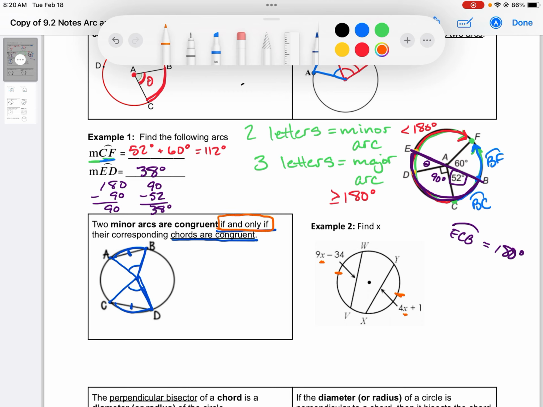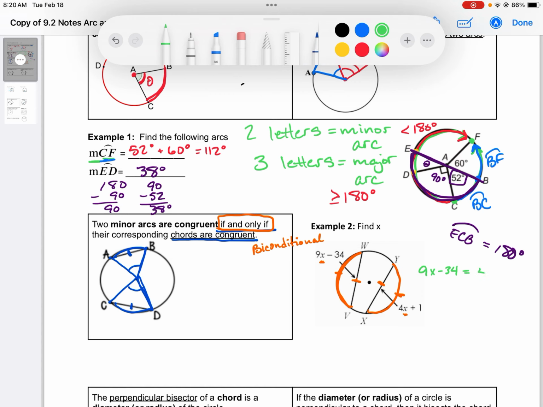And since this has if and only if, that means it's biconditional, which means it's also true when it's read the opposite way. So we can say if two arcs are congruent, then their chords are also congruent. So if these two chords are also congruent, we can just set them equal to each other.